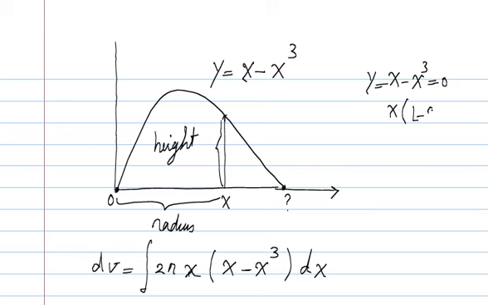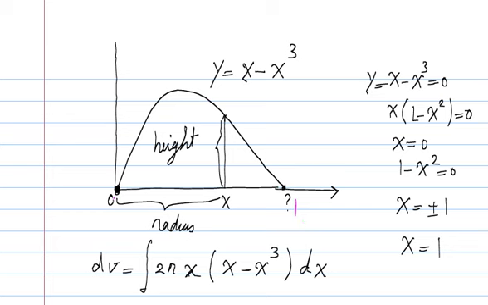Factor x. Either x is going to be 0, which is just this point, or 1 minus x squared is going to be 0, which tells us x is either plus or minus 1. We are looking at the positive side, so x is just 1. So this point is just 1. So the limits of the integral are going to be from 0 to 1.